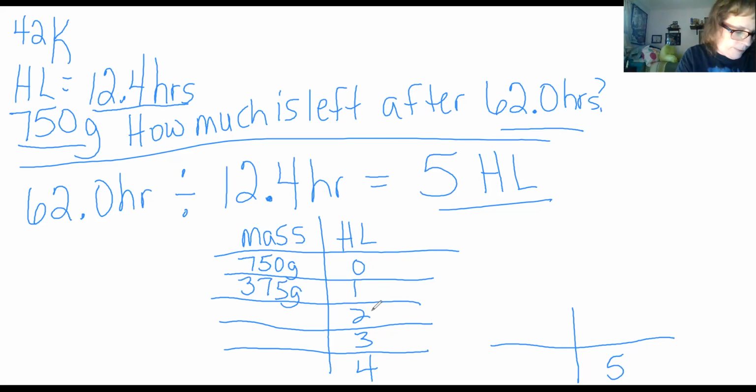After a second half-life, we have to take half of 375. You can plug that in the calculator if needed. That's 187.5 grams after 2 half-lives. Plug 187.5 in the calculator, divide it by 2, and that gives you 93.75 grams. Got to divide that in half for our 4th half-life, 46.875 grams.